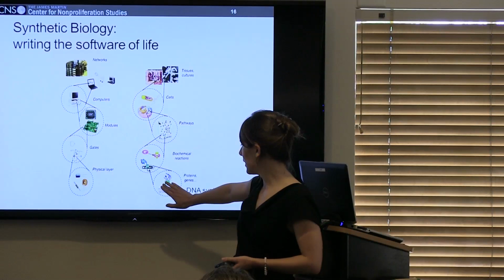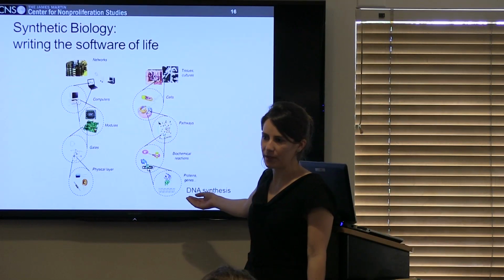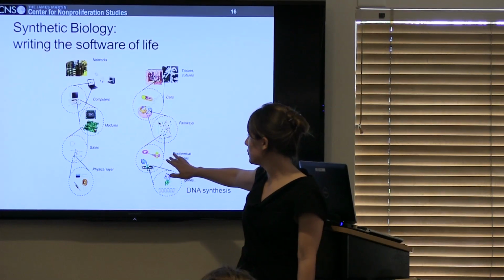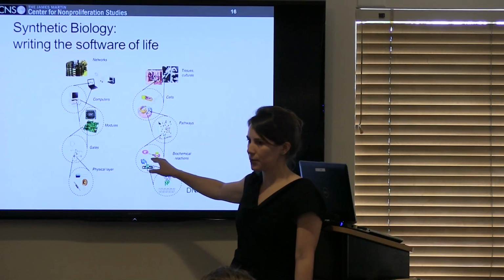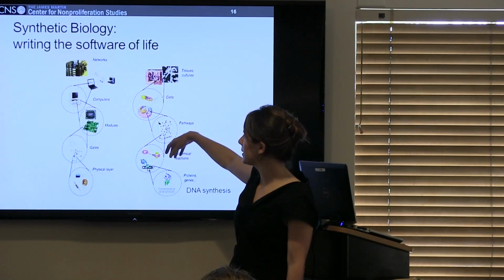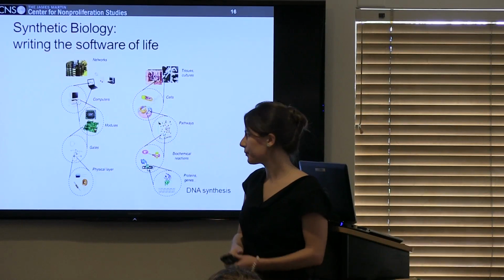So here we have DNA at the bottom, and we became really good at writing DNA through genes and DNA synthesis technologies. Now, over the past 15 years, people have been able to engineer biochemical reactions, and those are working at the pathway level. And so we are getting able to engineer more and more complex synthetic systems.